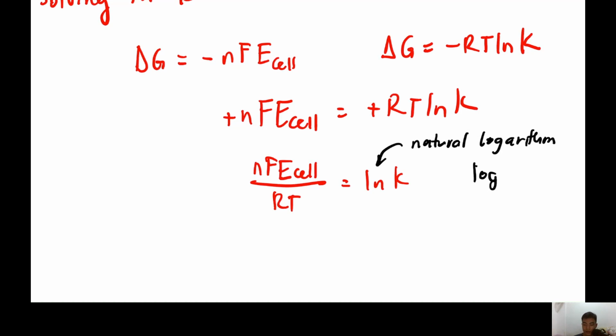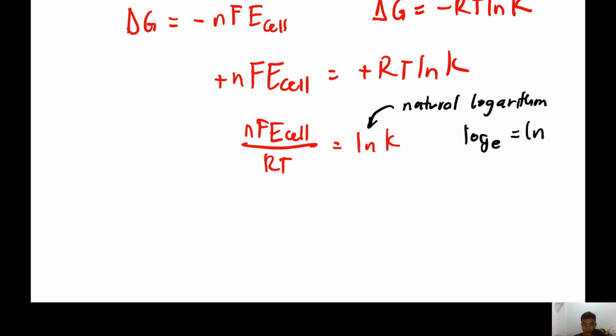So this can be written as log base e. That is quite different from the typical log function, which is just log base 10. This time, if we have an ln, that is log base e. So in order for us to get K, we should pull it out from the ln function first. Let me write here.